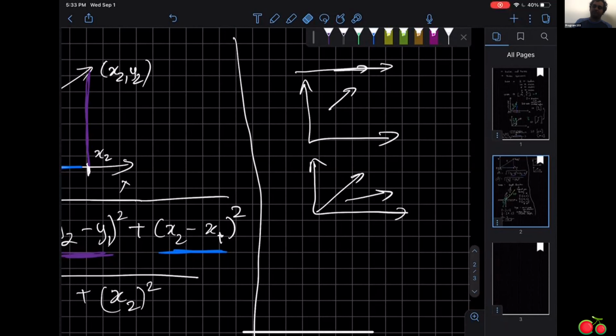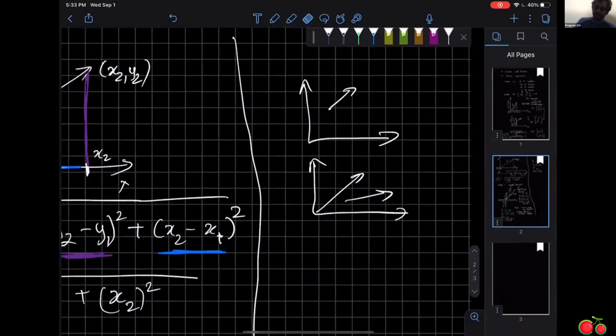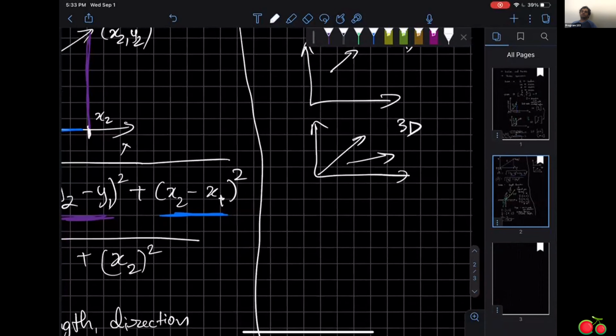Actually, a vector in 1 dimension isn't truly a vector, so let's ignore 1 dimension for now. In 2 dimensions, you have a vector. In 3 dimensions, you have a vector. That makes sense, right?